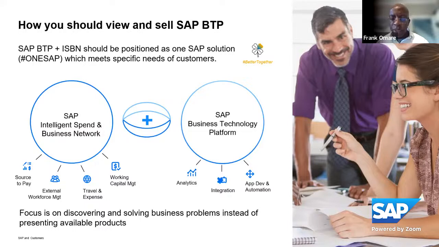And where does B2P play a part in taking ISBN solutions to the next level of customer satisfaction and leading practices? So that's another key message I want you to take away today. ISBN plus B2P is one SAP solution that meets the specific needs of CPOs and head of procurement types of people.